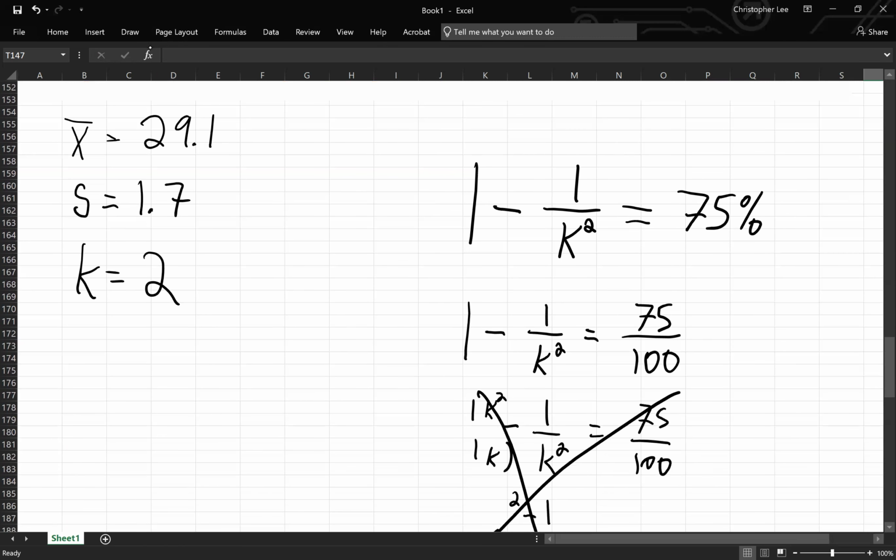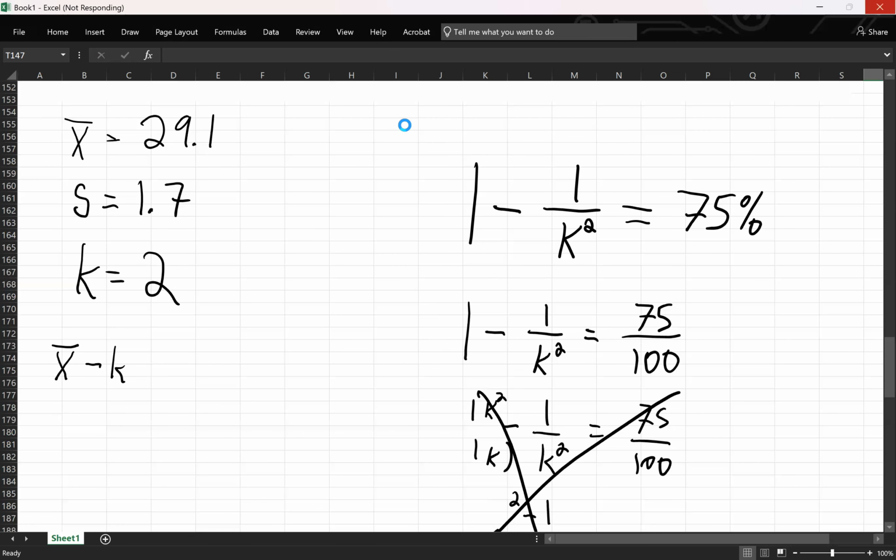After that, look at this real quick. This is our formula. X bar minus K standard deviation. Hold up 1 second. It's not on the formula sheet, actually.